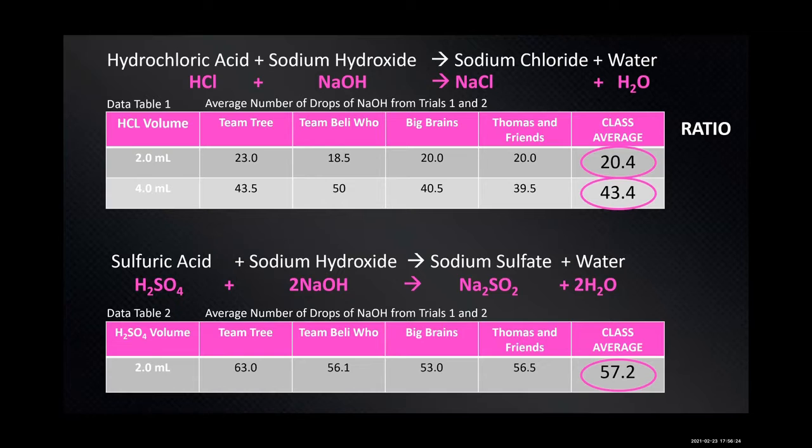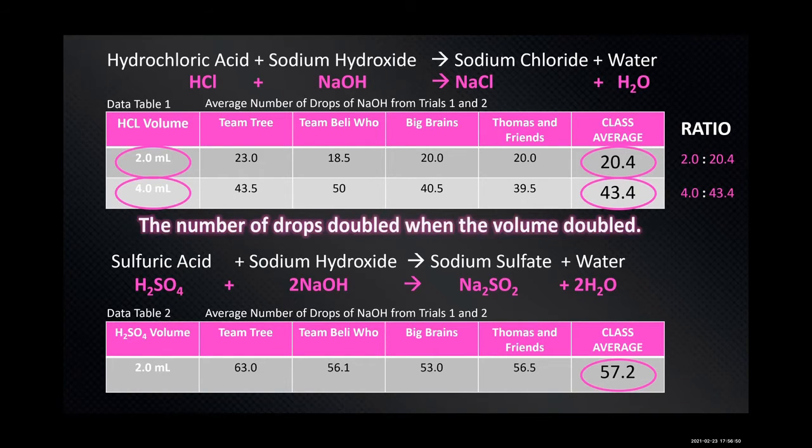Our ratio in this case was 2 to 4 for our volume, which means that we had 2 milliliters to 20.4 drops and 4 milliliters to 43.4 drops for hydrochloric acid and sodium hydroxide. This tells us that the number of drops doubled when the volume doubled. That's roughly what we see, and that's what we should have expected.